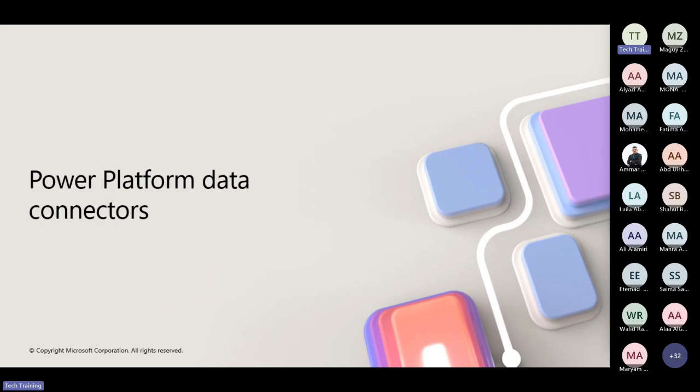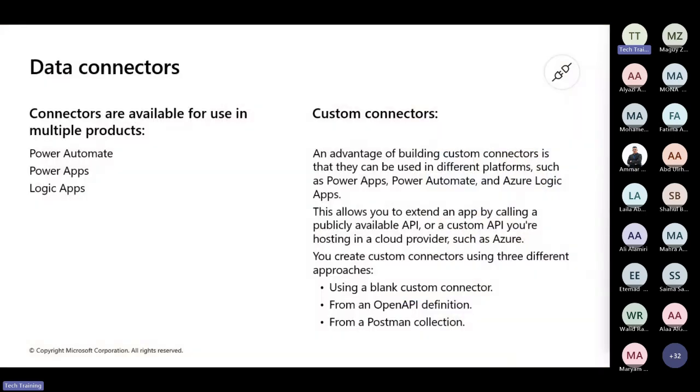These are the connectors that I talked about. I gave you many examples of them. The data connectors can be used in Power Automate, in Power Apps, or in Logic Apps. The more connectors I have, the more powerful the Power Apps or the Power Pages can be, because they have different sources.